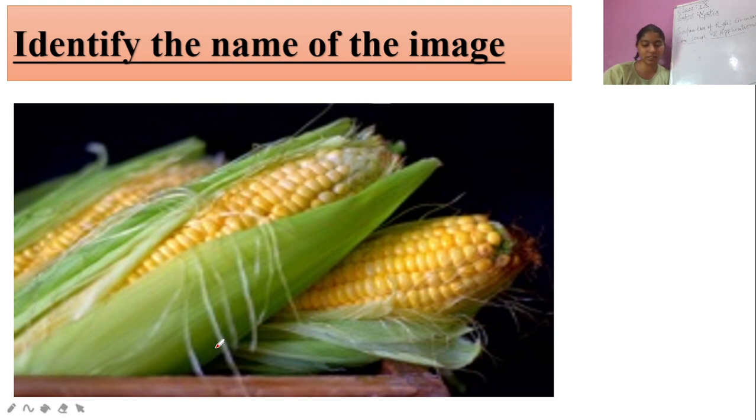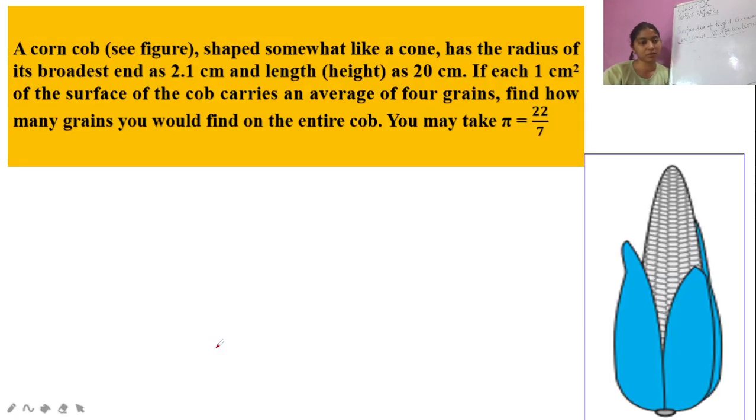So students, let's come forward. So according to that, we have a question, students. We have a corn cob, which is in the shape, you can see the figure which I pasted on the right hand side, somewhat like a cone, right? So you can see this is like a cone.